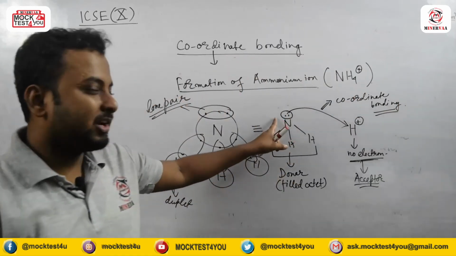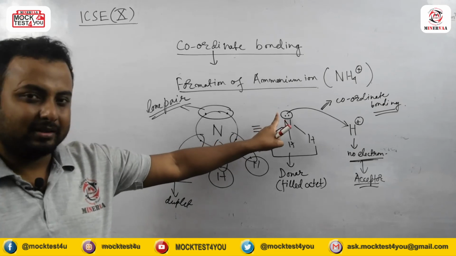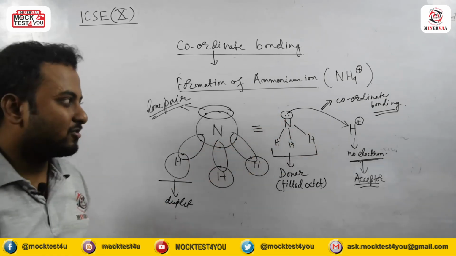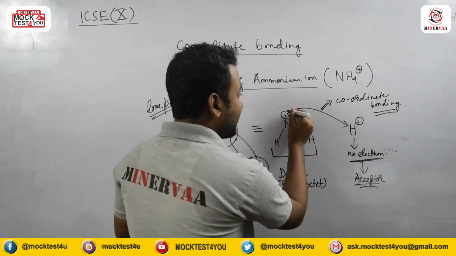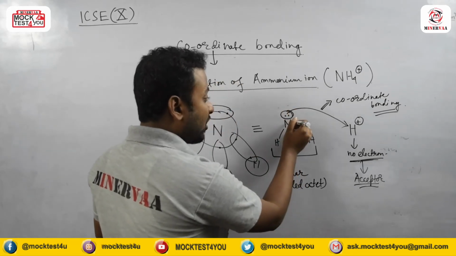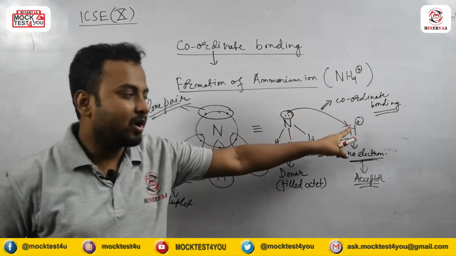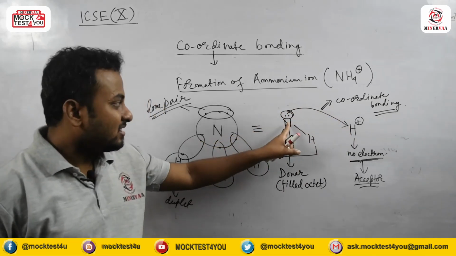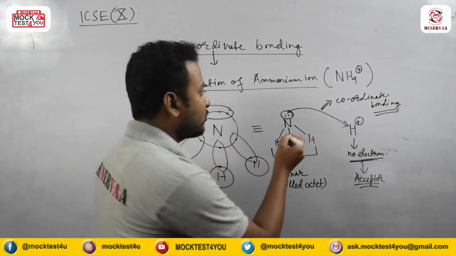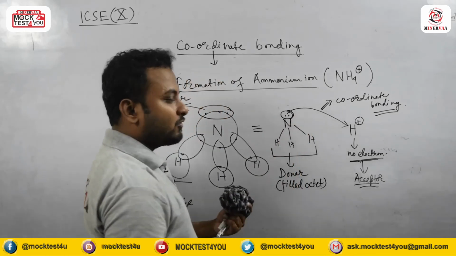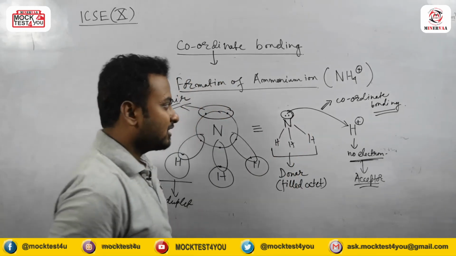But this is not complete transfer. You cannot think of it as completely transferred to hydrogen, because it is also shared by nitrogen. If it were completely transferred to hydrogen, then nitrogen would be devoid of 2 electrons and its octet would be destroyed. That can't be possible, right?